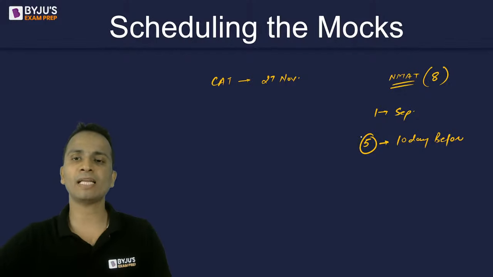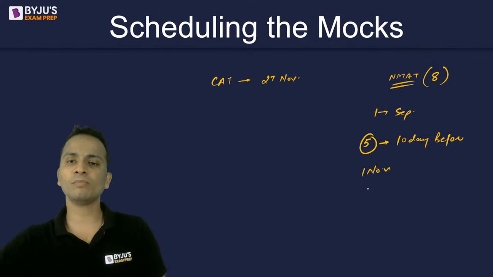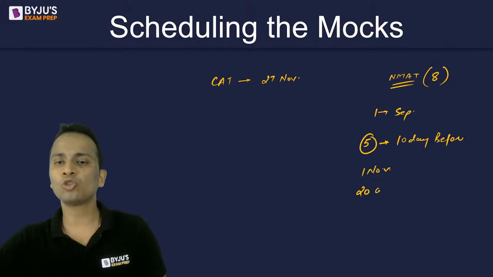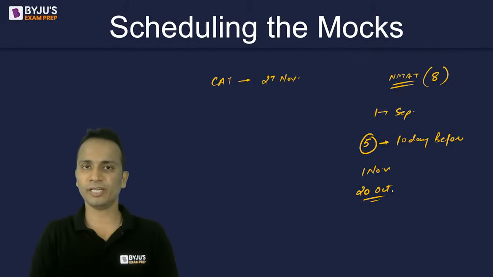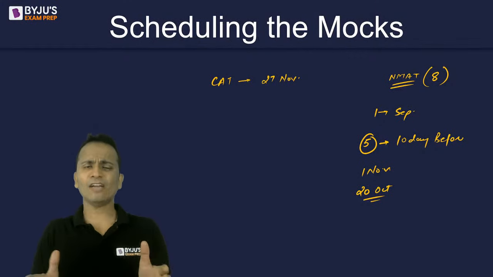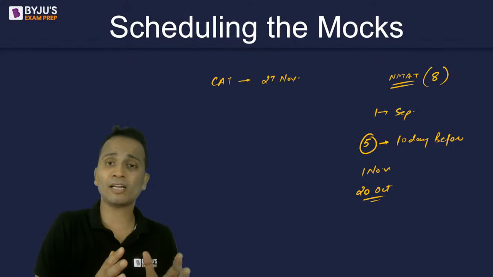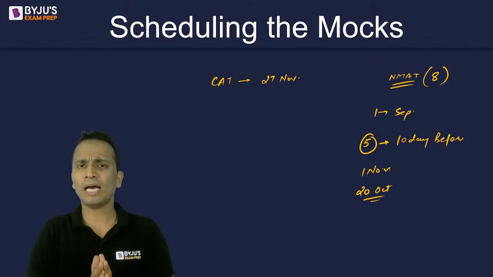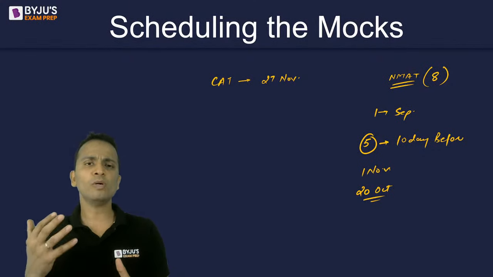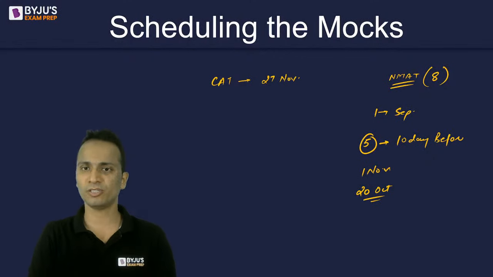Let's say your NMAT examination is on 1st of November. Starting from 20 October, you can take an NMAT mock every second or third day. That way you'll be able to practice the pattern of the NMAT examination properly, and you will be able to devise your strategy in these 10 days.